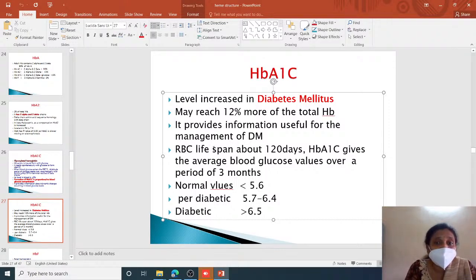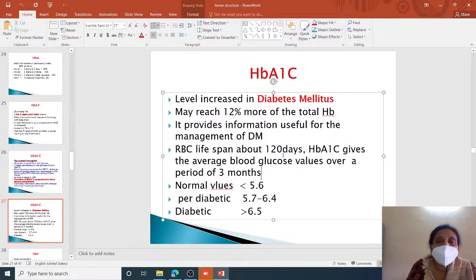Because HbA1c has been attached to RBC, and the lifespan of RBCs is 120 days. After 120 days RBCs are destroyed and HbA1c is released. So it gives the average blood glucose levels over a period of 3 months because the lifespan of RBCs is 120 days.